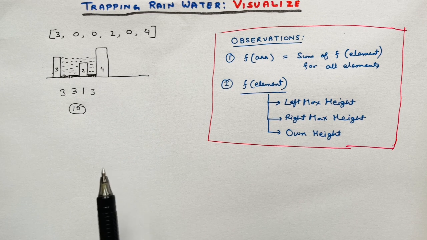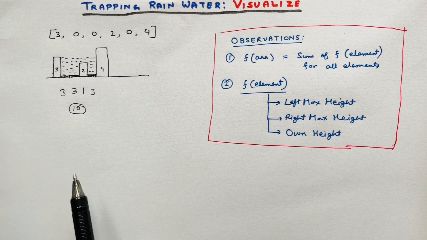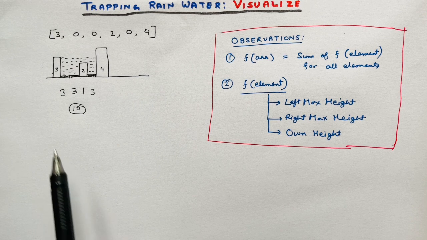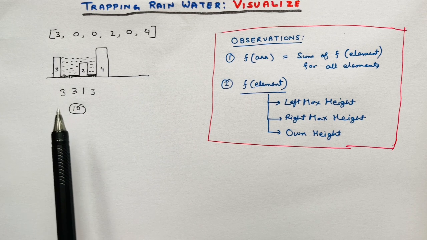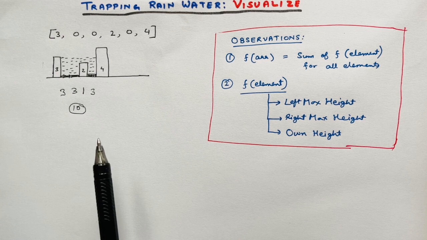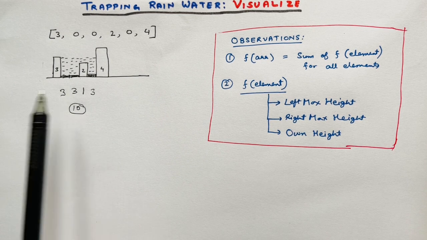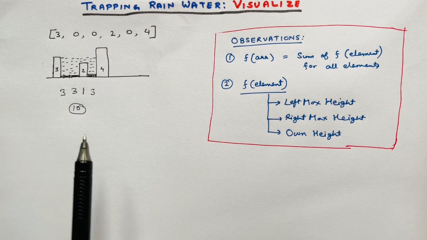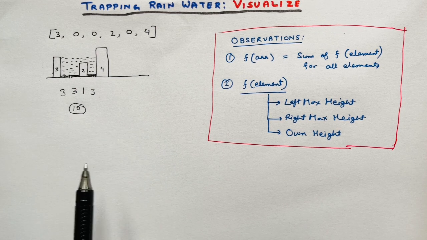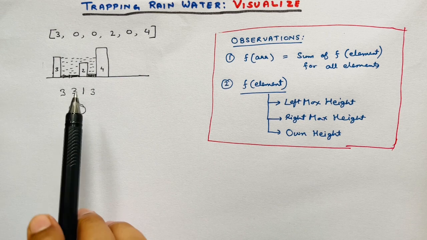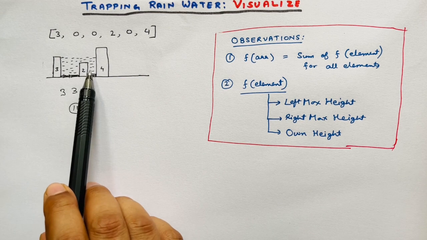Now the second thing is, how do we get the water held by one single element? If we consider one single element, the water held by it will be dependent on the maximum left height to it, the maximum right height to it, and its own height. Why do we say that? For example, consider this element.